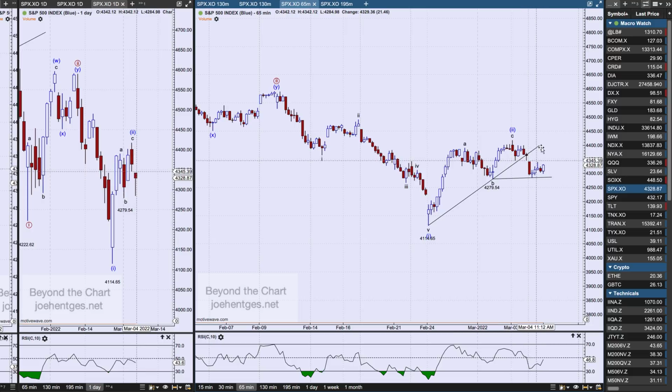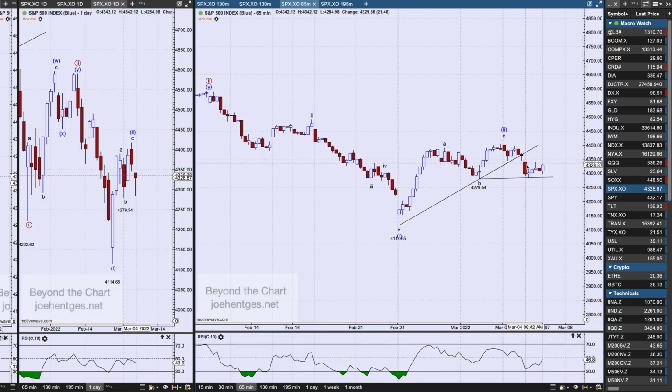Well, sure enough, we got pretty strong follow through the very first hour of Friday morning, a little bit more on the second hour, and then we just kind of stalled out. Now, I must say, on all of the indices, the last hour of the day was a little disappointing, as I was really looking for this trend line to break and for this low to be taken out. So we'll see what happens.